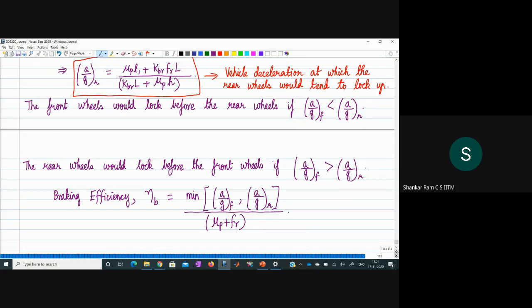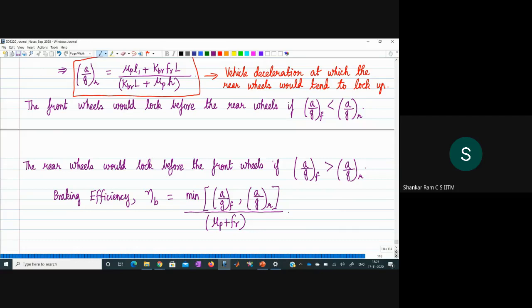So in the denominator, whatever has been written is the maximum possible vehicle deceleration, in a normalized sense, in terms of g, one can get for a road surface with a peak traction coefficient of mu p.